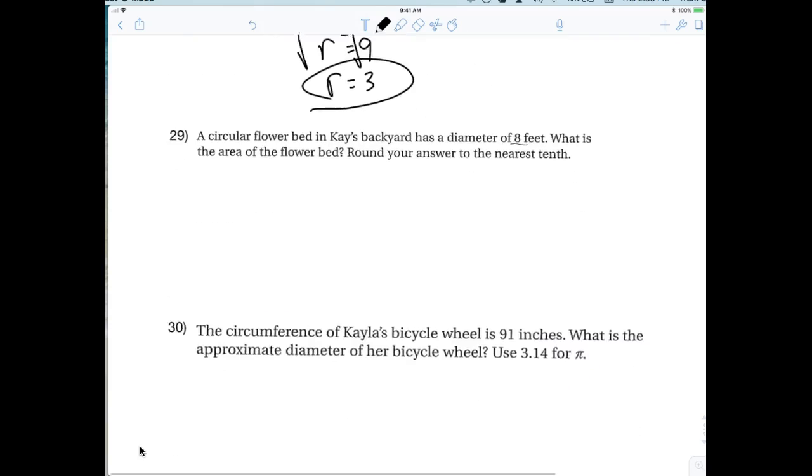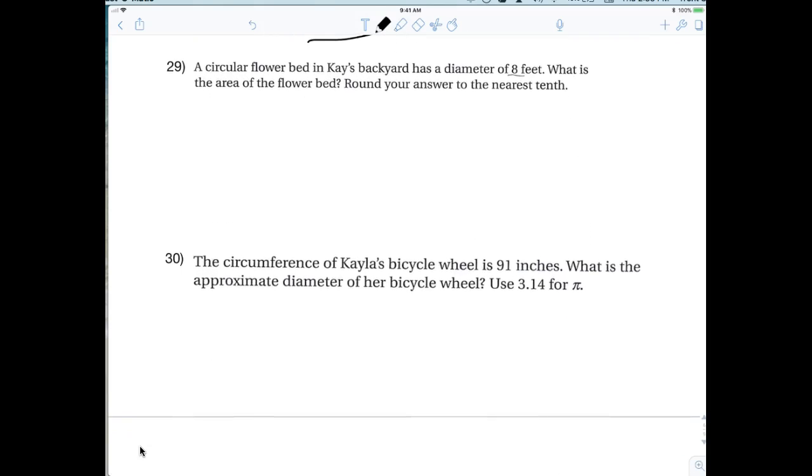All right. Now let's look at 29. It says a circular flower bed in Kay's backyard has a diameter of 8 feet. What is the area of the flower bed? Okay, so it's the same problem, right? So what do we do? Good. A equals pi r squared. And then what?